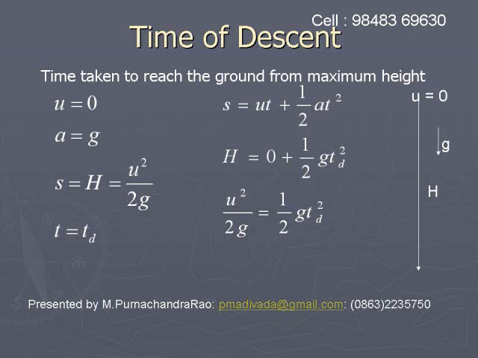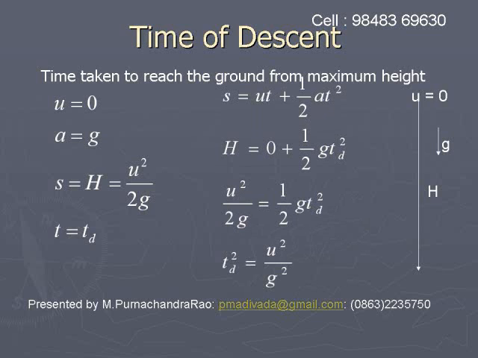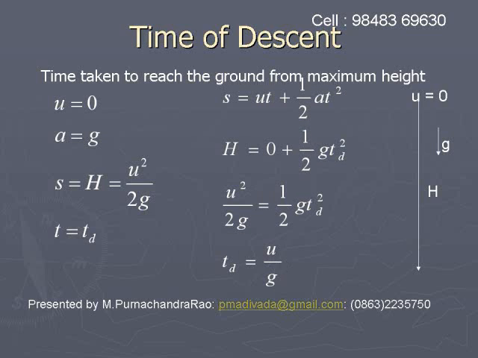But H is u square by 2g. So u square by 2g is equal to half g td square. Then td square is equal to u square by g square, and td is equal to u by g.